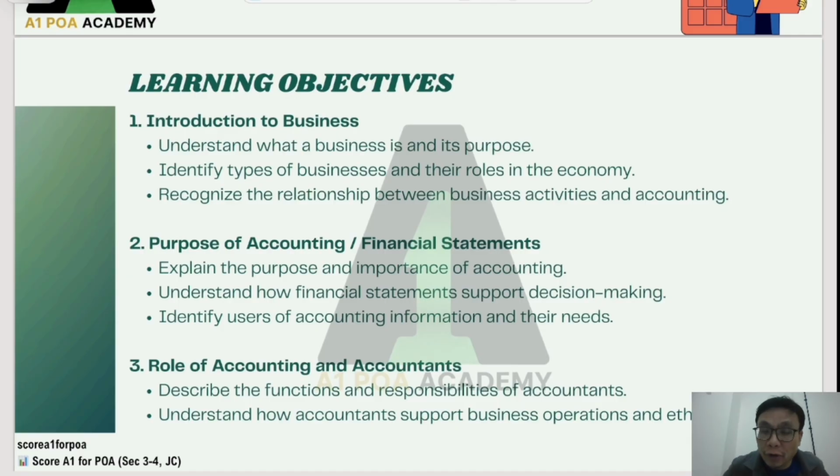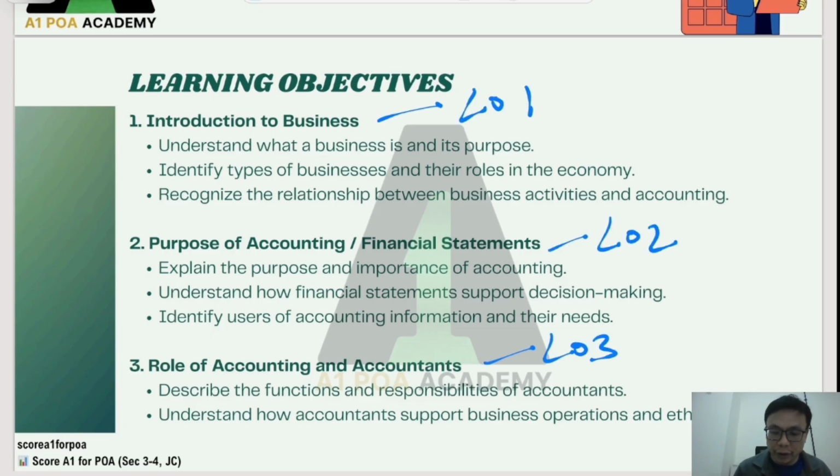We have come to the end of chapter 1, part 1, whereby we cover LO1, LO2, and LO3. So within a nutshell, for LO1, we talk about the boundaries, right? The business as a whole, of which accounting is a subset, and therefore establishing the relationship between business activity and accounting as a whole. For LO2, we talk about the purpose of accounting, preparing financial statement for the stakeholders to be able to use for their decision making.